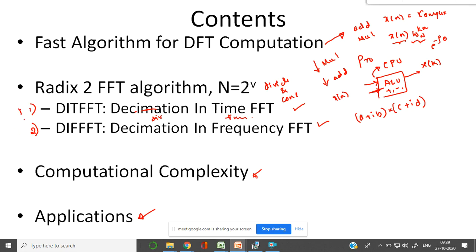So these two will be covered in 1 and a half hours of class. Almost I need 2 hours to complete these two topics, and computational complexity almost in half an hour, and another 2 hours for completion of these applications. And today I will be spending more on the derivation part of the algorithm, how I am going to derive that.